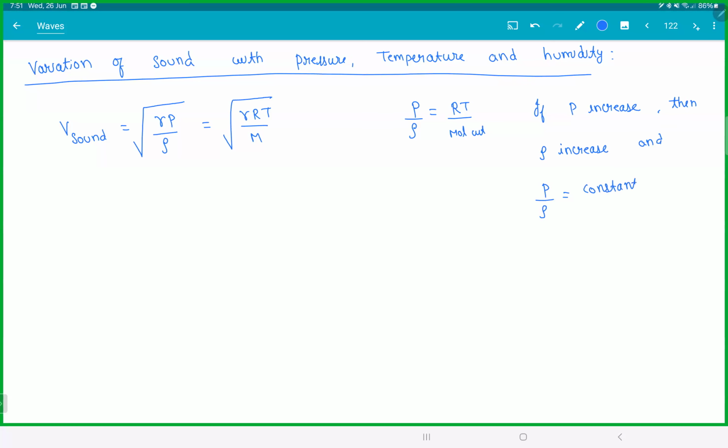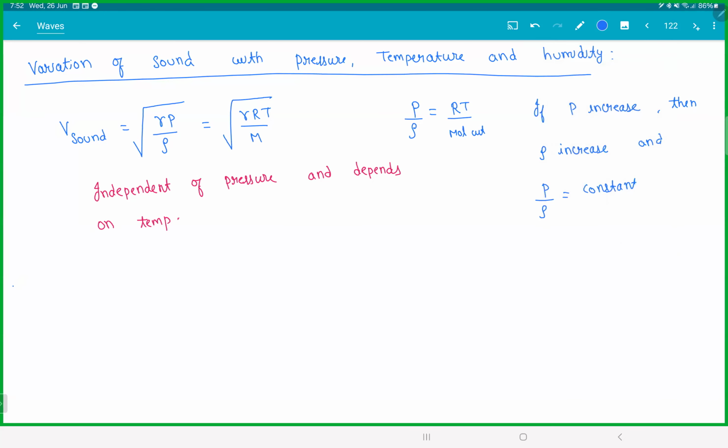So be careful. Just because you see a root P in the numerator, don't think it will depend on pressure. This speed of sound is independent of pressure. No matter how much pressure you increase, the rho will also increase to compensate and depends only on temperature. This was a straightforward BITS question. They would say like this only, the pressure became 4 times. What happens to speed of sound? Nothing happens. People will write 2 times and come in a hurry. So be careful.